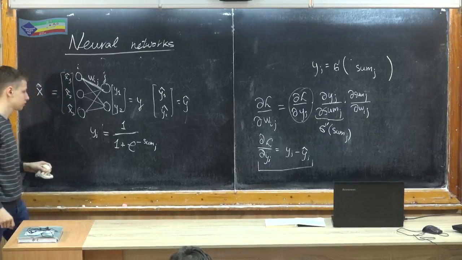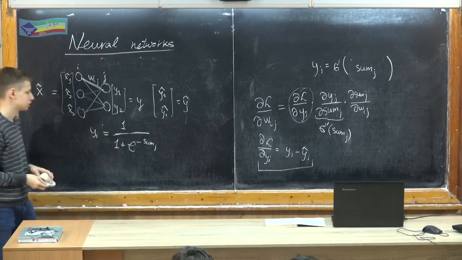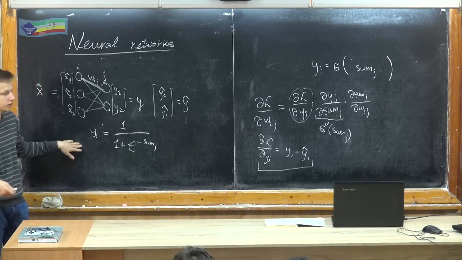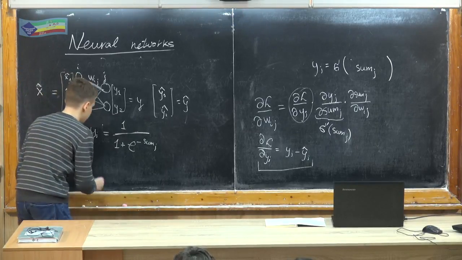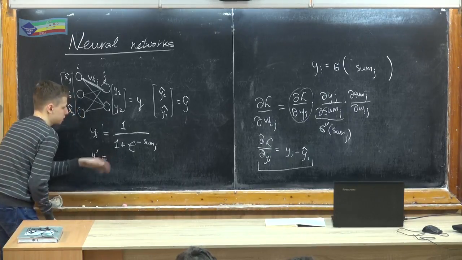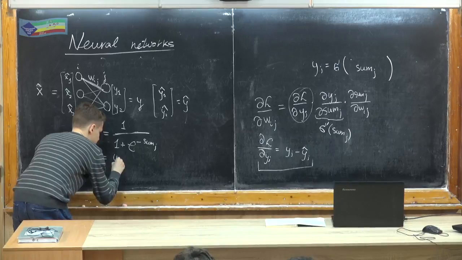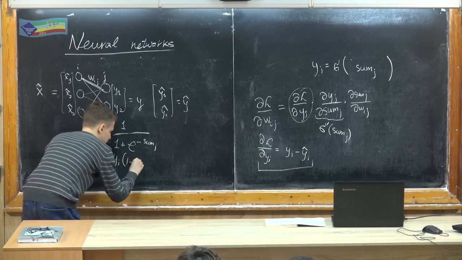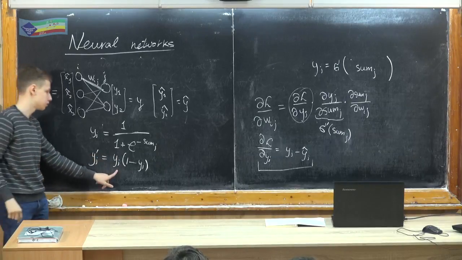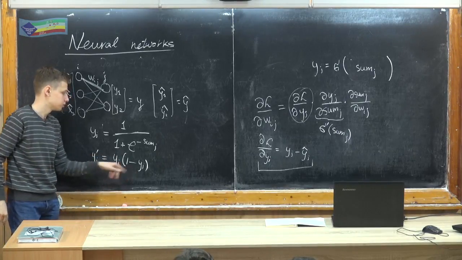And finally, that's why I've given you the derivative of this particular function as a task. And you can see that the derivative with respect to sum j is just equal to the product of yj by 1 minus yj.